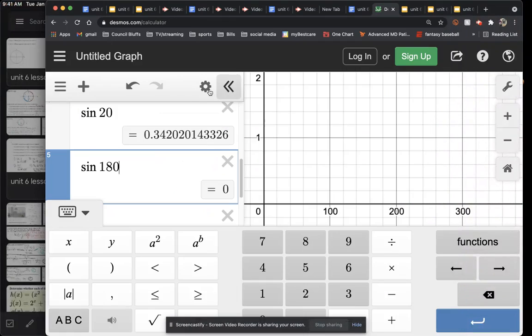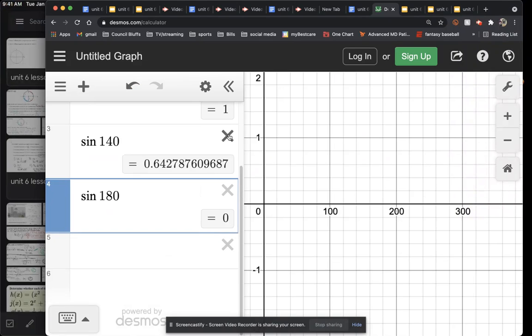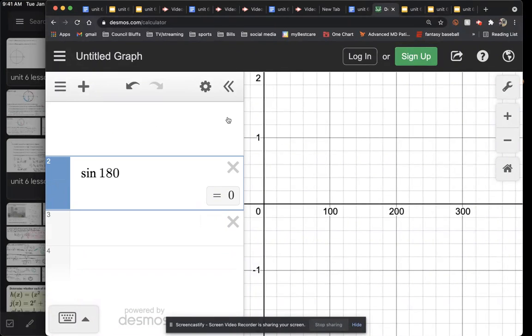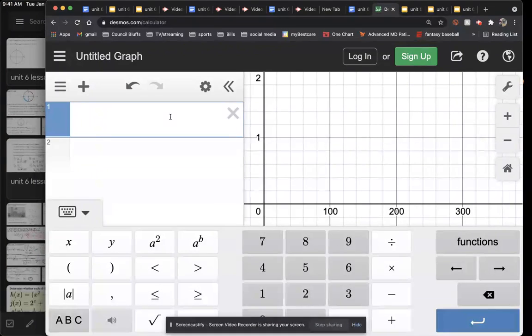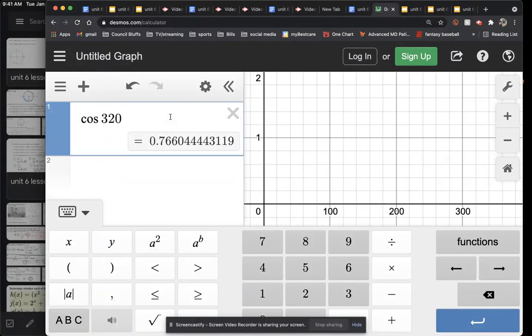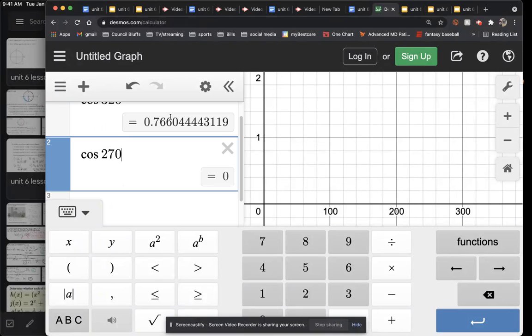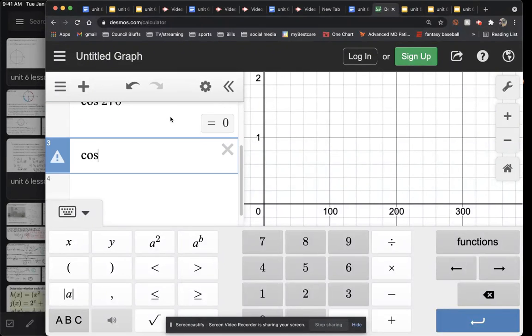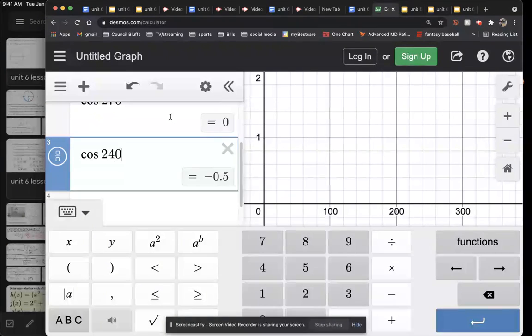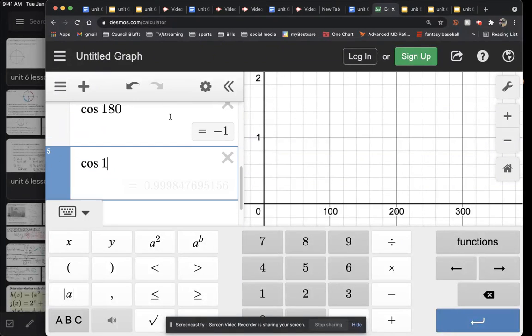So I'm just going to quickly do this on Desmos again. Let me erase all these. I need to do cosine of 320, cosine of 270, cosine of 240, cosine of 180, cosine of 120, cosine of 90, and cosine of 0.